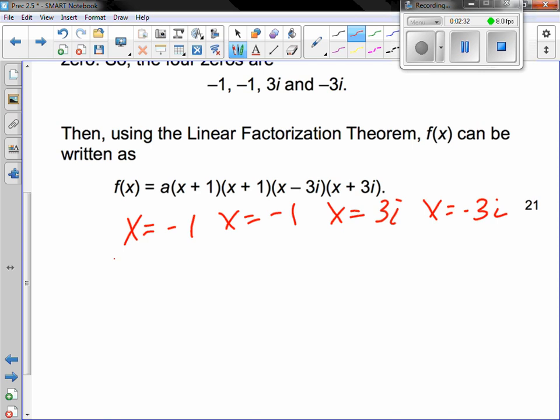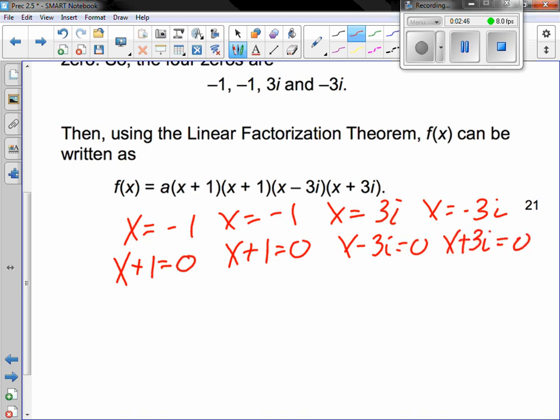Here we'd add 1 to both sides, and I get x plus 1 equals zero, because those are the same. Here I would subtract 3i. And lastly, I would add 3i. And then we can rewrite them as a multiplication, because that's how we kind of broke it down when solving.